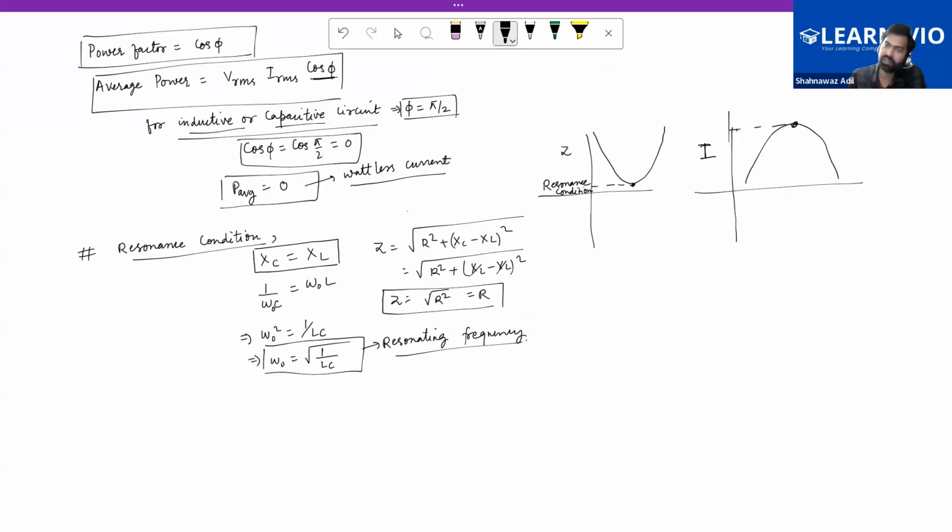So at resonance, this current would be maximum. Your impedance is minimal, this current is maximum at resonance condition. So this is resonance. Yeah, quickly note down this thing, and then we'll talk about the other things, right?